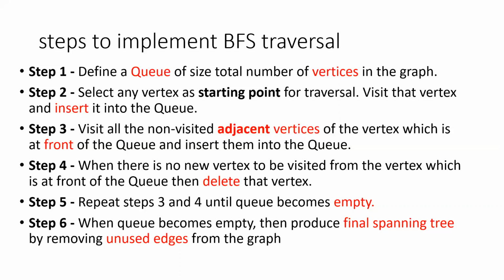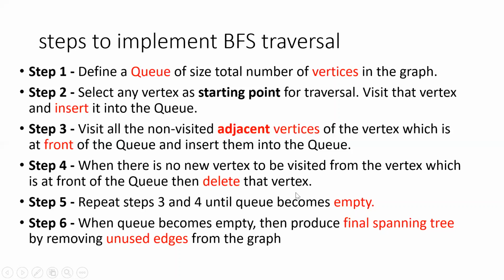Here it is at the front of the queue, and insert all the discovered vertices into the queue. Now when all the adjacent vertices of the vertex which is in front of the queue are explored, when there are no more non-visited adjacent vertices, delete the vertex which is in front of the queue. Deletion takes place from the front of the queue. Now repeat the steps until the queue is empty. When the queue is empty, give the final spanning tree by removing the unused edges.